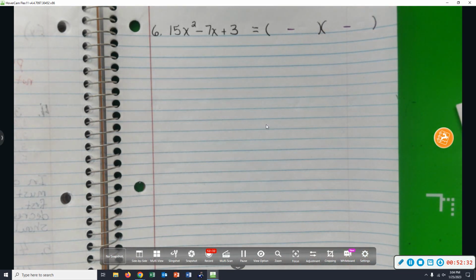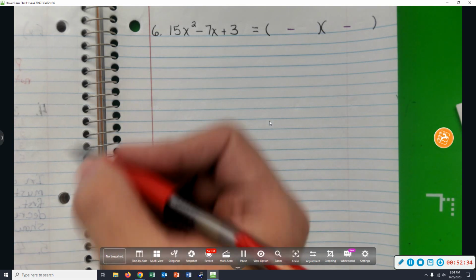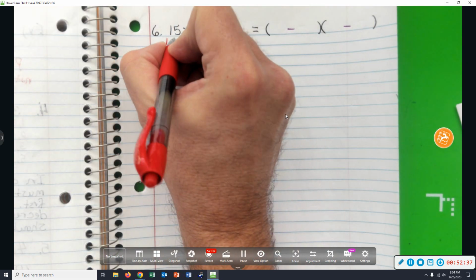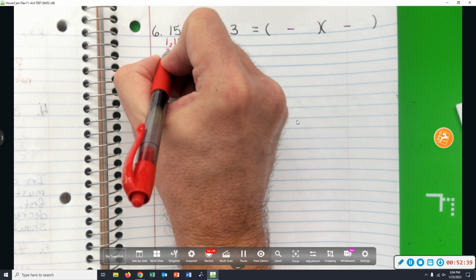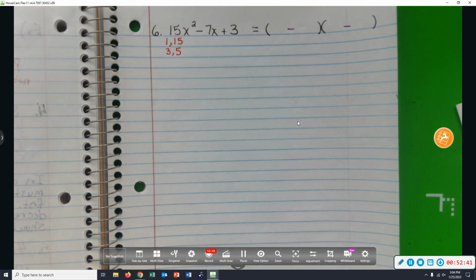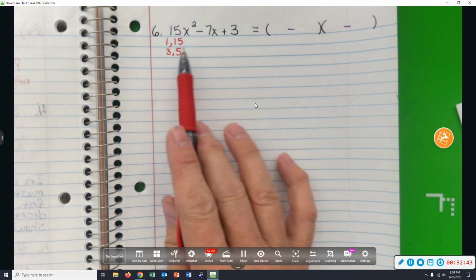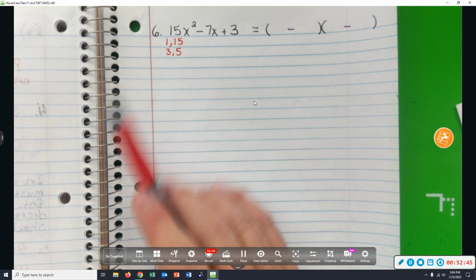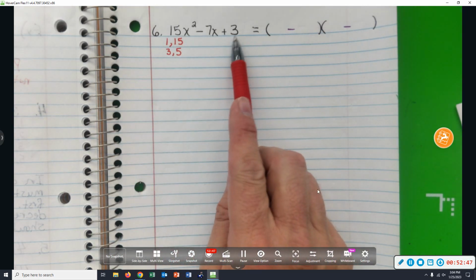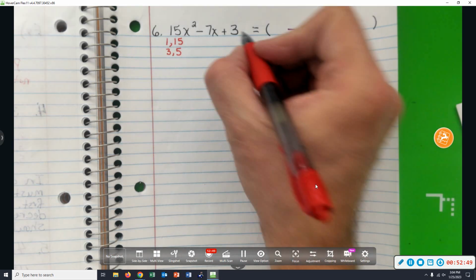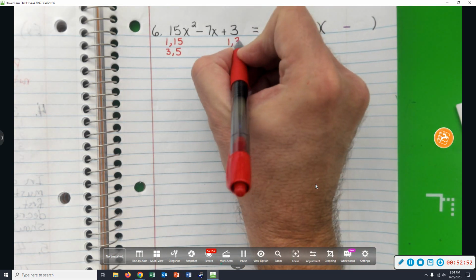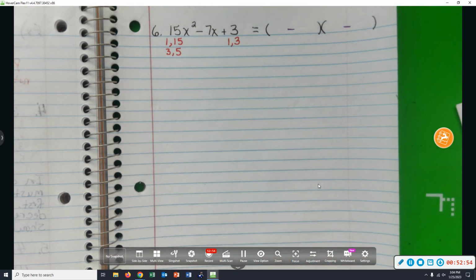Oh gosh, numbers that multiply together to give 15. Do you see why I said you've just got to know your multiplication tables? 1 and 5, 3 and, 1 and 15 maybe. It's 3 and 5. Numbers that multiply together to give 3. We've already discussed that by numbers we mean whole numbers or integers.